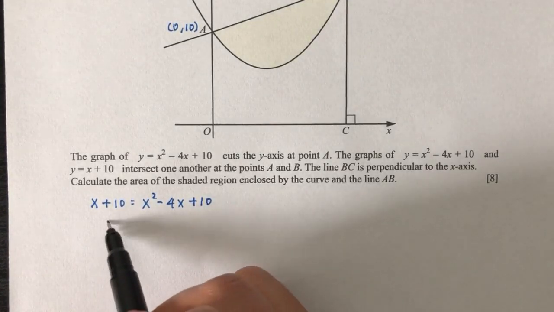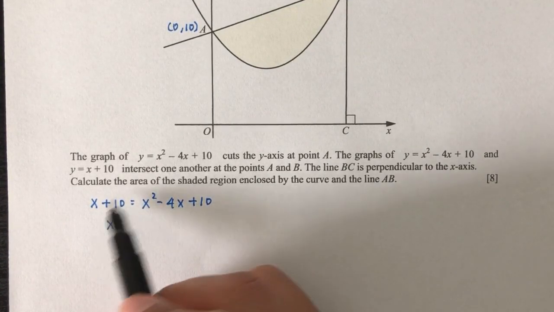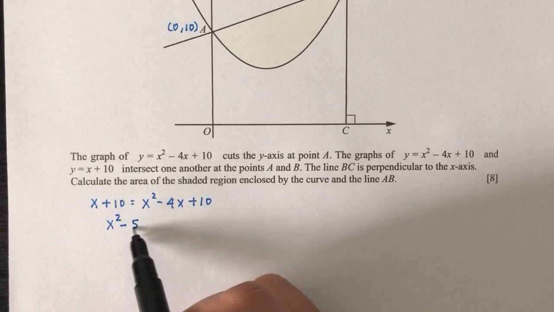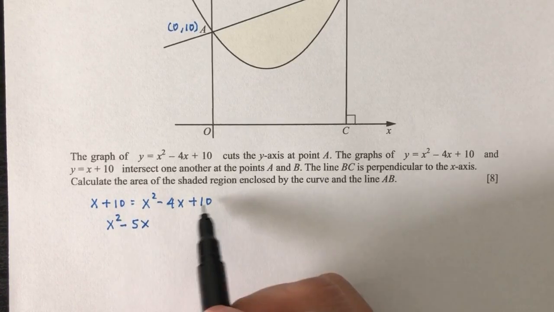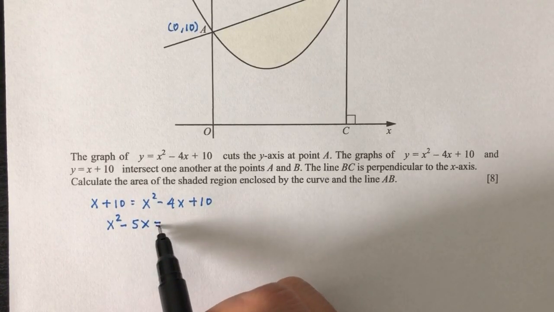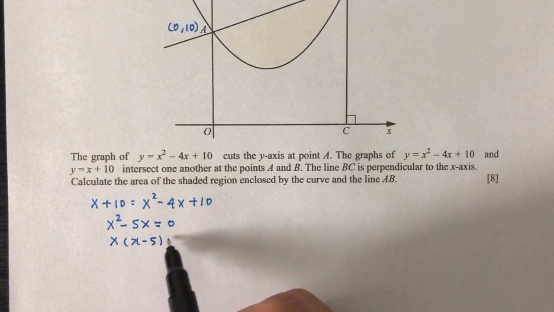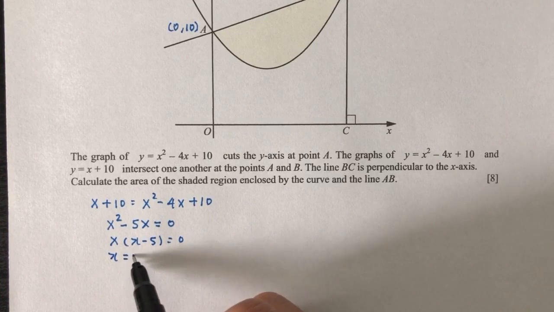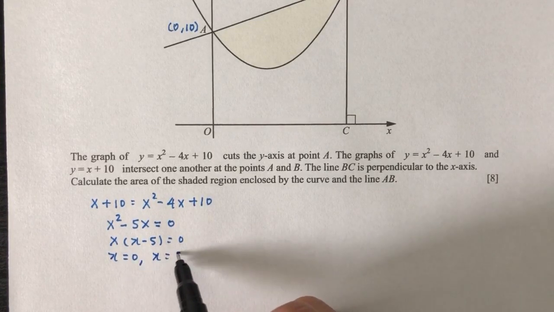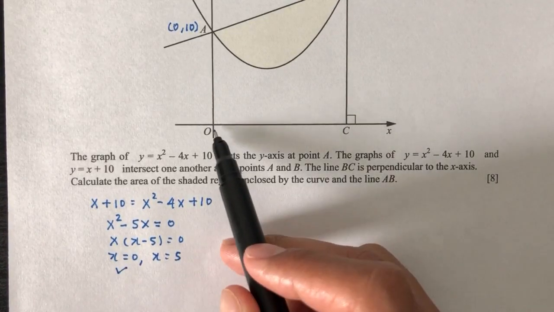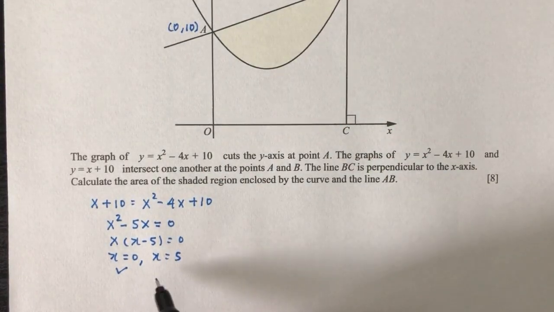So now let's solve. Bring this over here. It will become minus 5x, and this will cancel out. So factorize x outside. x times (x minus 5) equal to 0. So the first one is x equal to 0, and x equal to 5. So this we know already, x equal to 0 is 10, so for x equal to 5, y will be 15.